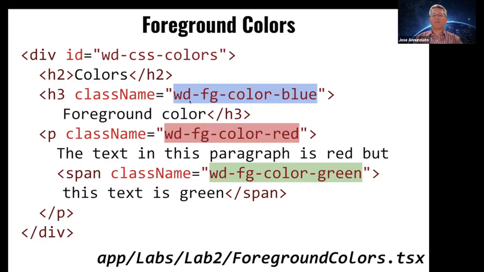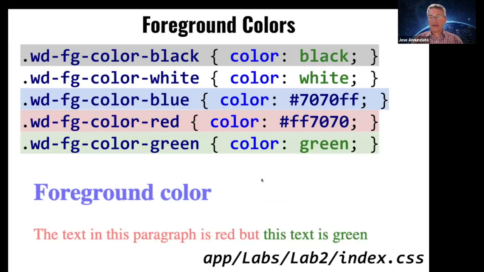So here we've presumably declared styles that change the foreground color to be blue, red, and green. They're applied to this header, then this whole paragraph, and then this smaller span. These are various colors that we've declared in the CSS. When we apply it, we see that the heading is blue, the whole paragraph is red, but then a specific text piece is green.